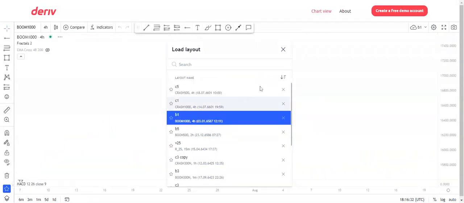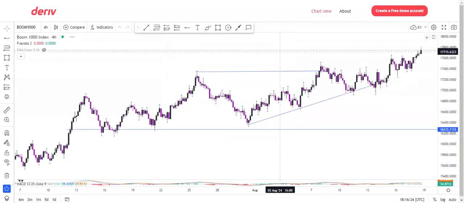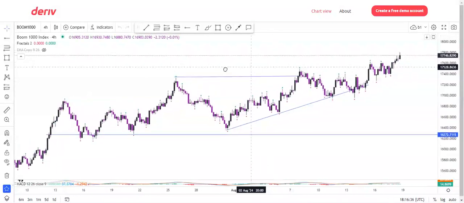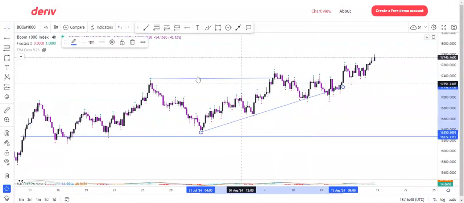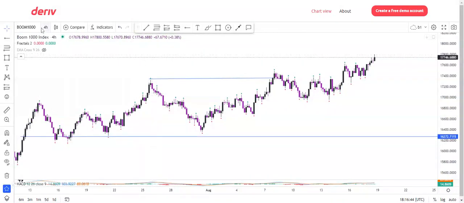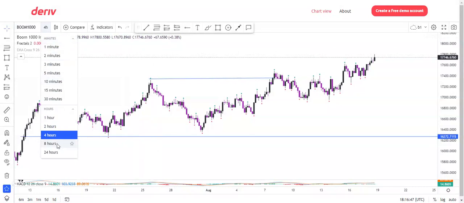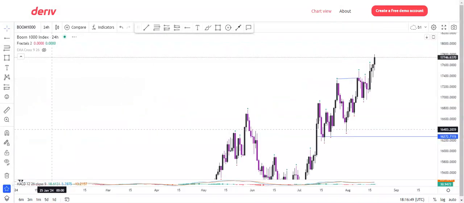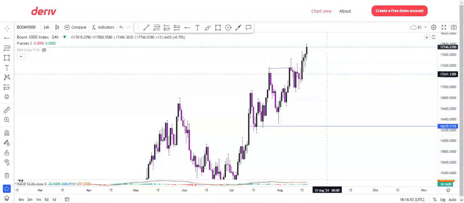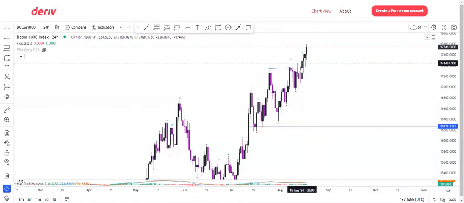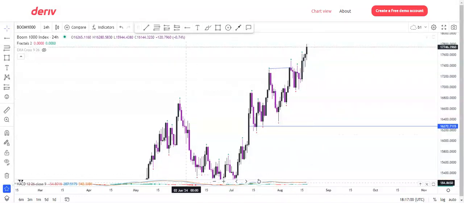Let's look at B1. B1 has been on an uptrend for the longest time, unless we have a change of character. Let's look at this inducement over here.